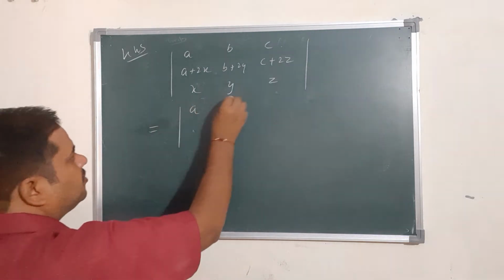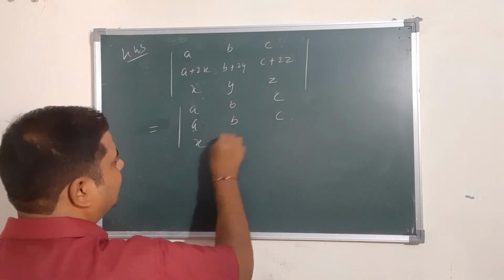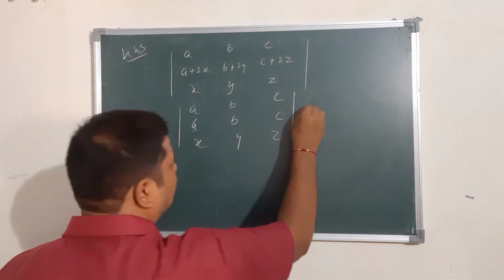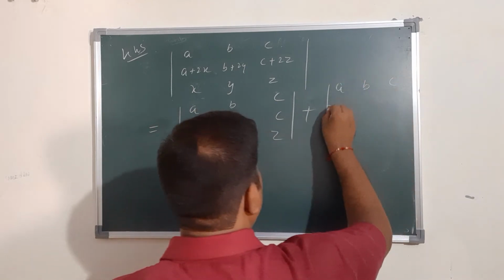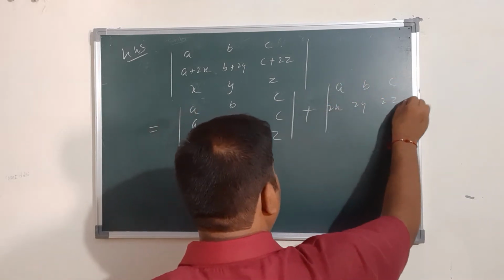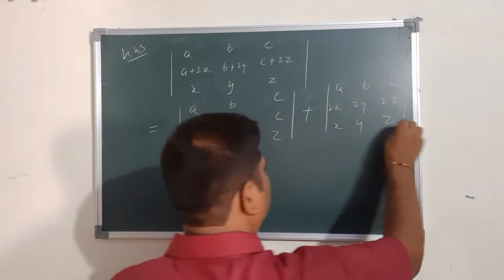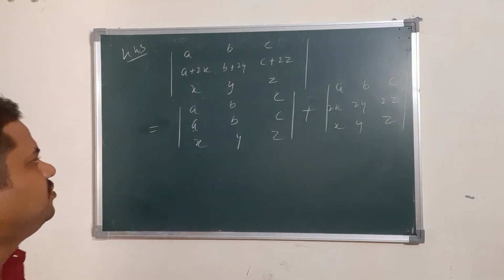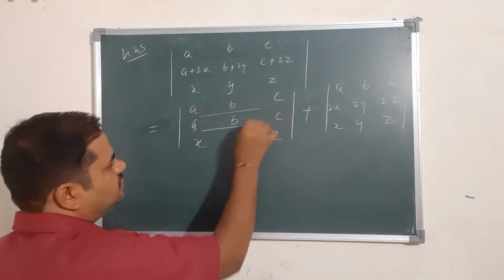A, B, C; A, B, C; X, Y, Z plus A, B, C; 2X, 2Y, 2Z; X, Y, Z. Now see, the first determinant should be 0 because these two rows are identical.